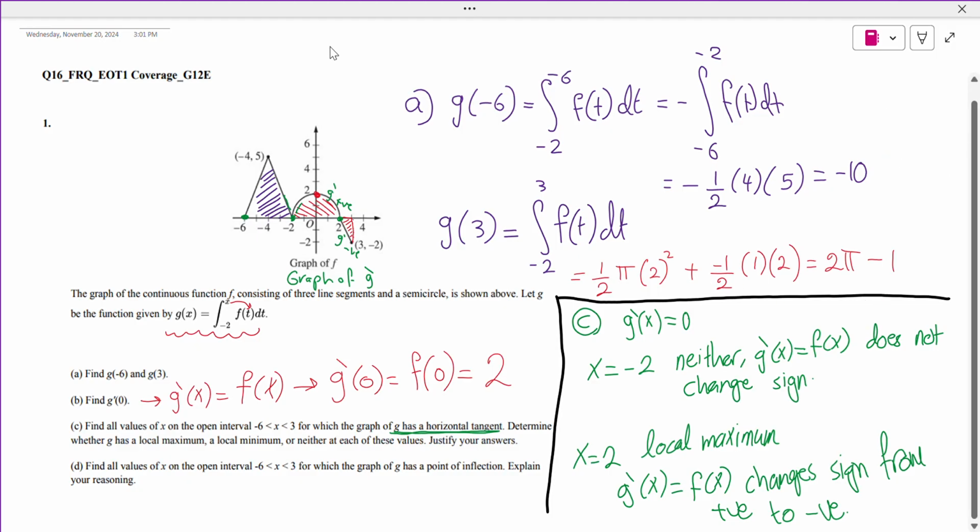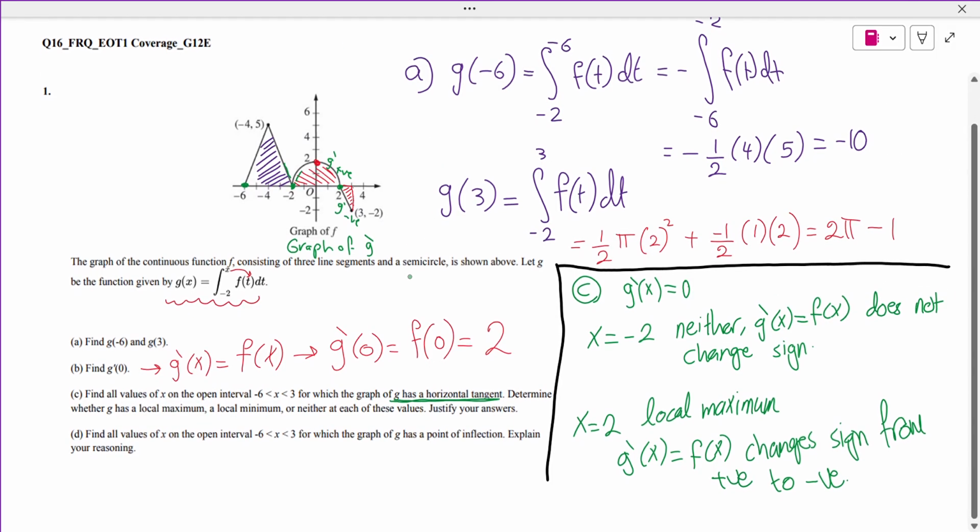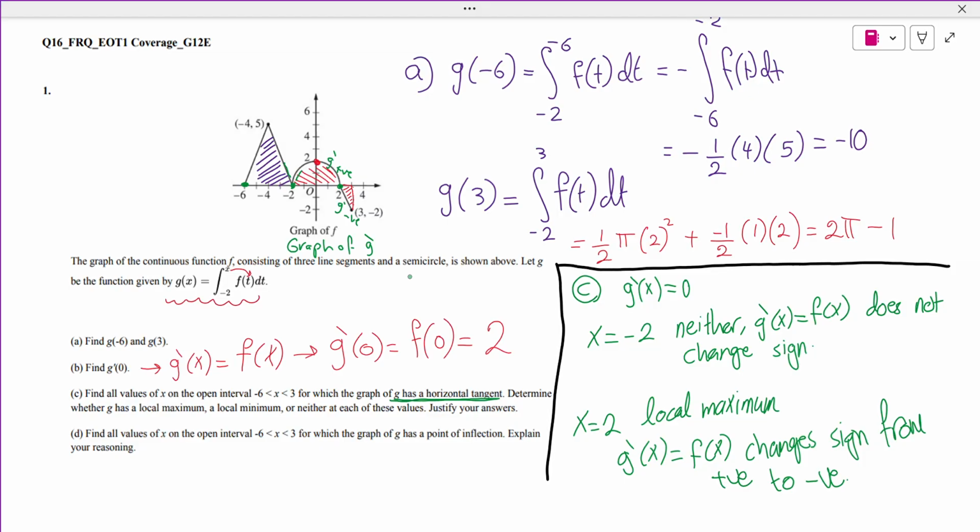So, the last part of this question says find all values of x on the open interval for which the graph of g has a point of inflection. A point of inflection happens when g double prime changes sign.